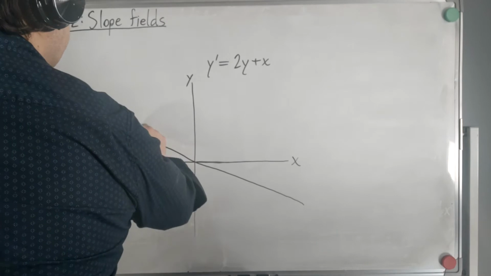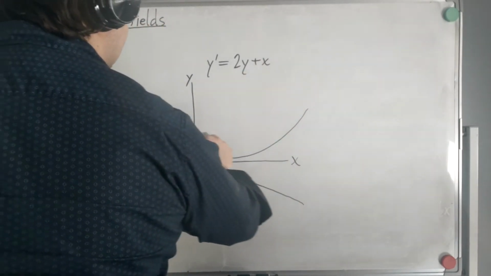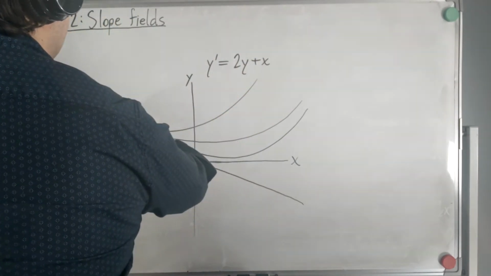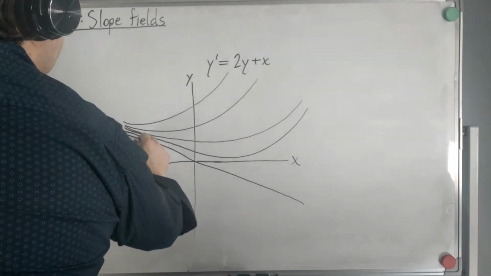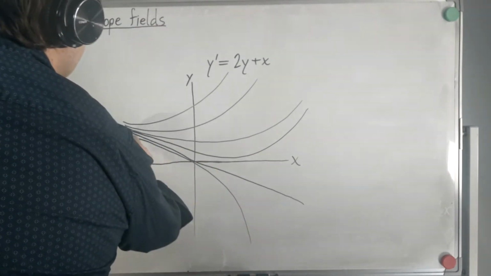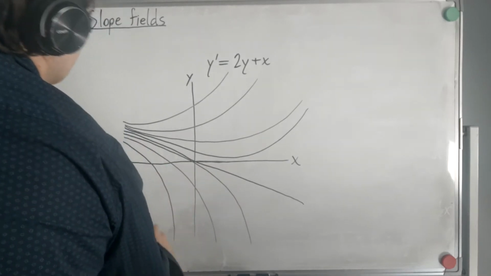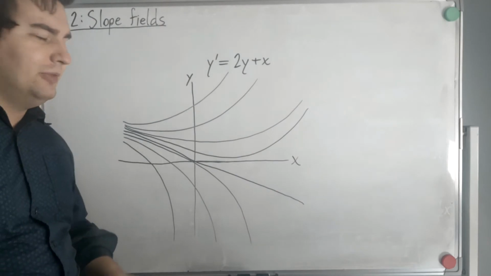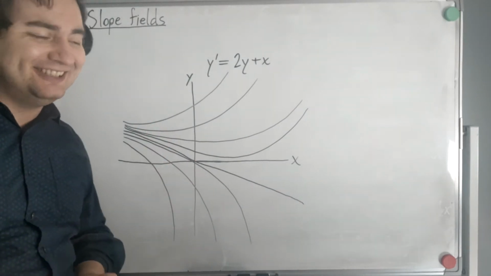There's going to be another solution that's going to go like that, and another that goes like this, and another that goes like this, and another that goes like this. And then similarly, there are some that go like this, and this, and this, and so on. You can find a much prettier and more detailed diagram in my notes, by the way.